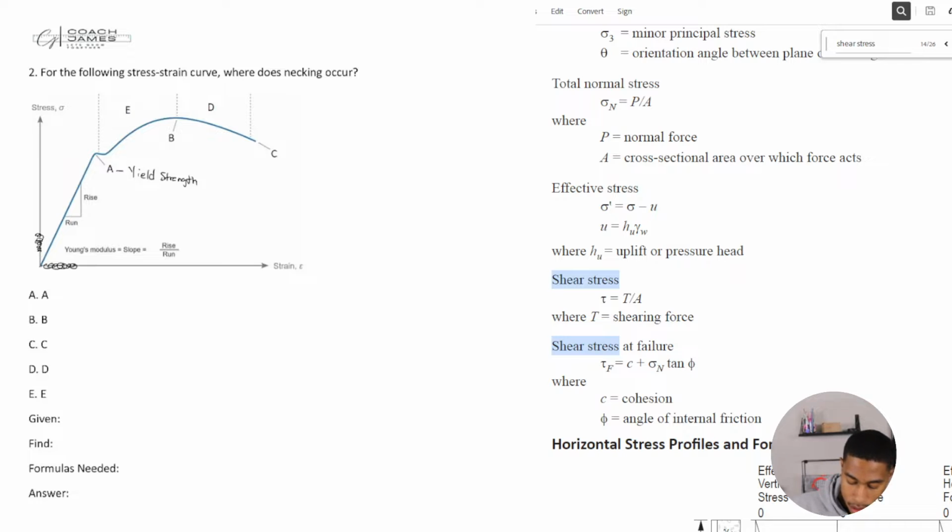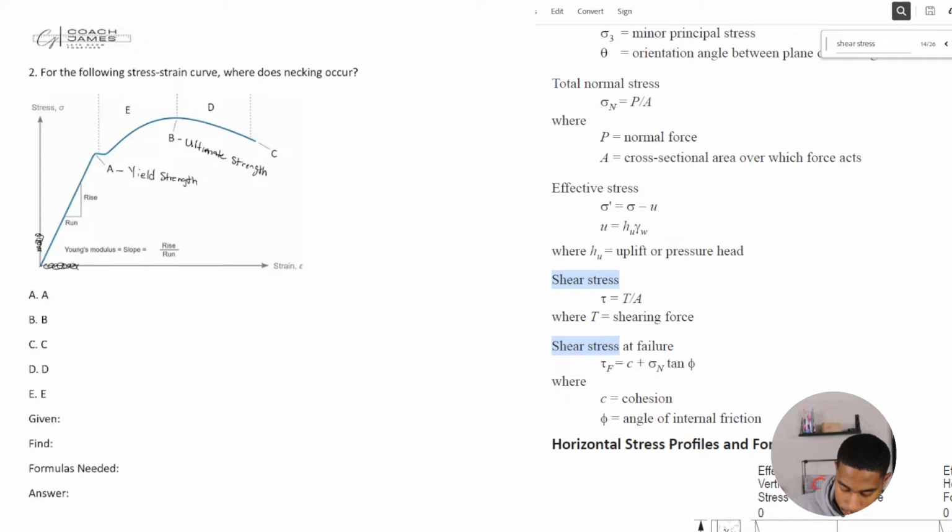All right. So what is B? B is your ultimate strength. Okay. Ultimate strength meaning that, okay, you can keep adding strain to this thing, right?